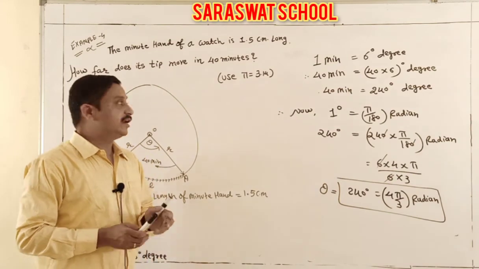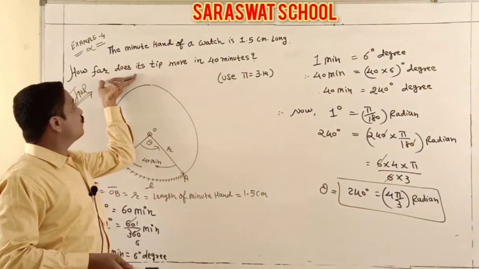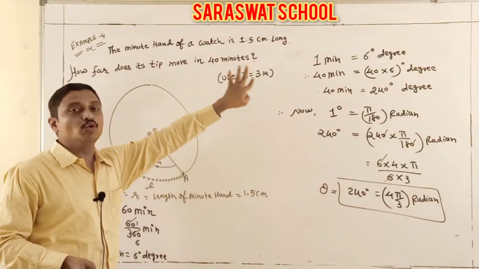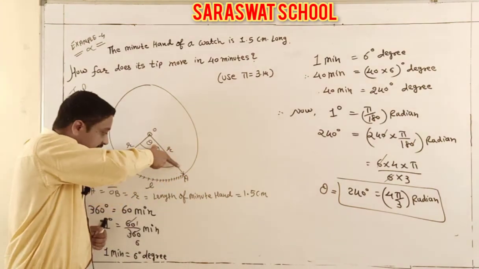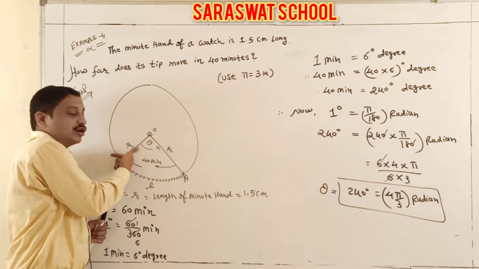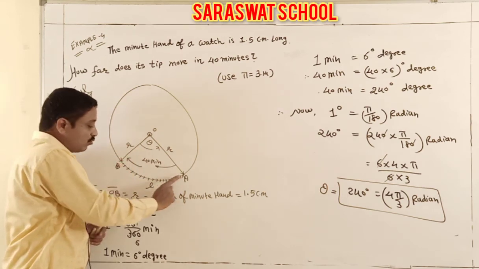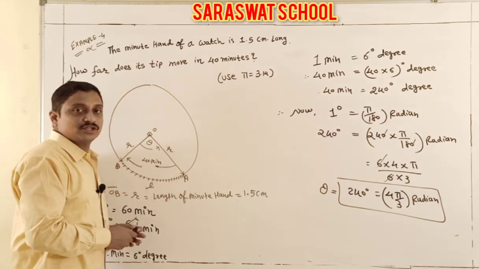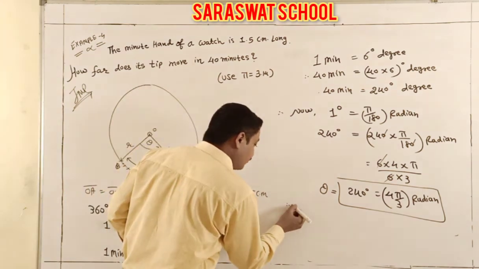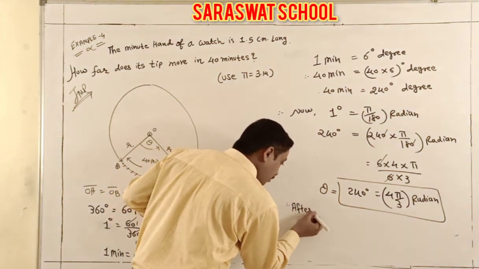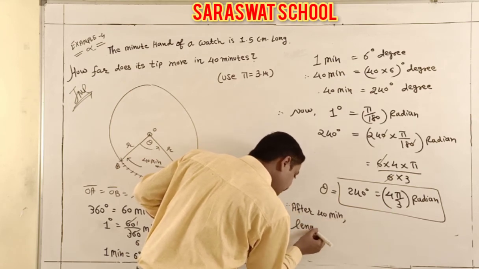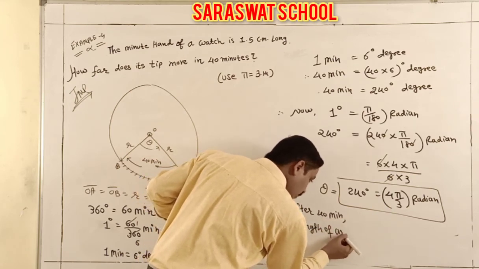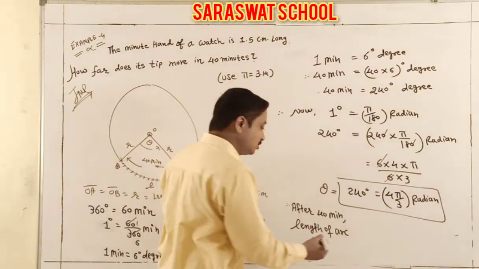Now students, we are ending this question. Check: how far does it move in 40 minutes? It means from the start, our minute hand moves up to 40 minutes here and there. It means I want this length L. So after 40 minutes, the length of arc: yes, the formula is known.